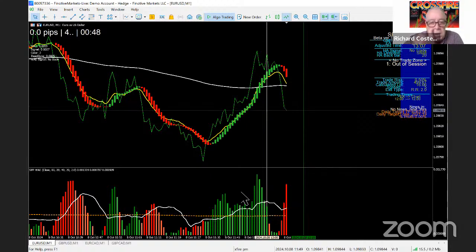What I want to see before I get into a trade, if I'm getting in for a buy, is the white line above the orange line, and I want it to be pointing away from the orange line, not as it is there pointing down back towards it. I want it pointing away. And then I'm looking for the histogram to be above the white line. If we're looking for a buy, I want them to be dark green. If we're looking for a sell, I want them to be dark red.